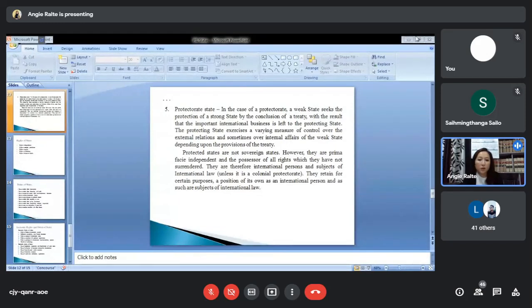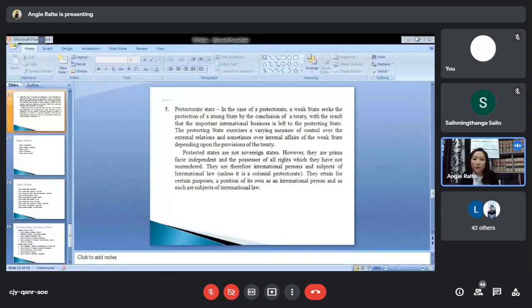For a protected state, the external relations and some of the internal affairs of the weak state depend upon the provisions of the treaty, at the conclusion of the treaty and the like.